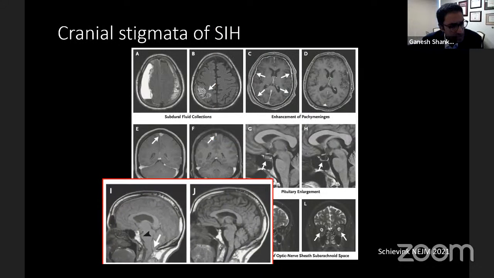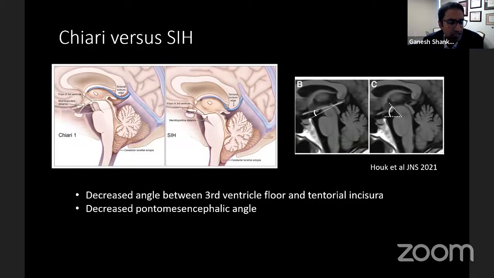I wanted to look at the difference between radiographic manifestations of Chiari versus spontaneous intracranial hypotension. There are a couple different radiographic measures that can differentiate these two entities. So on the left is a Chiari malformation with a sagging of the cerebellar tonsils, which can look very similar to spontaneous intracranial hypotension.